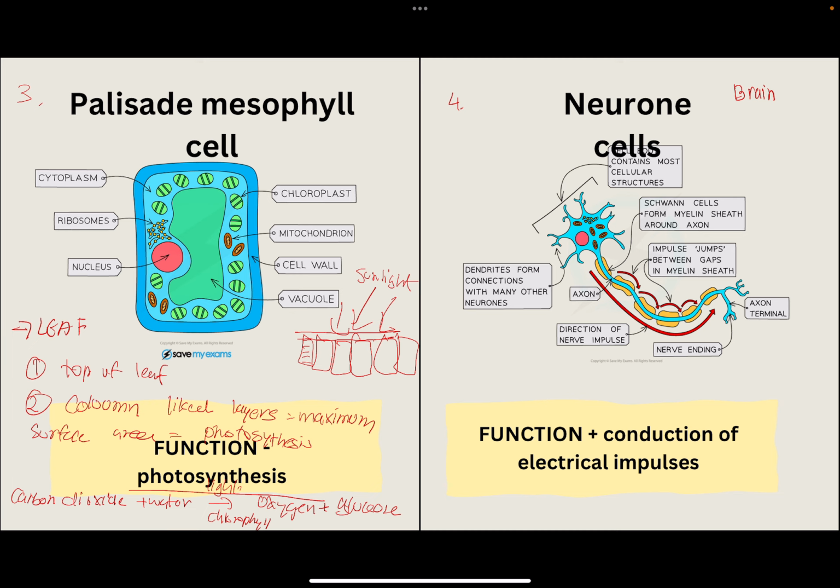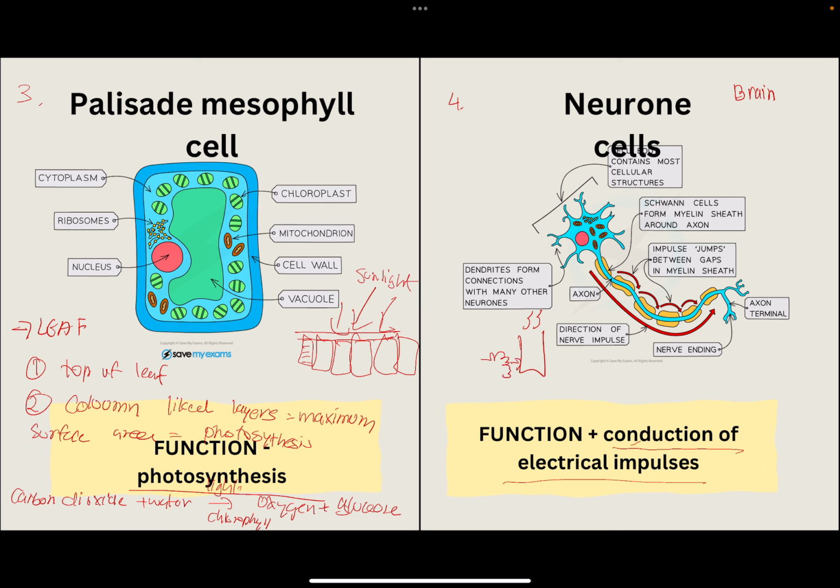Now you will learn this structure more in depth in chapter 14. But for now, you can just say that it's conduction of electrical impulses. So if I touch something hot, what will happen? The receptors in my hand. Suppose this is the hot object, a very, very hot object, and suppose my hand is here, and it touches it.